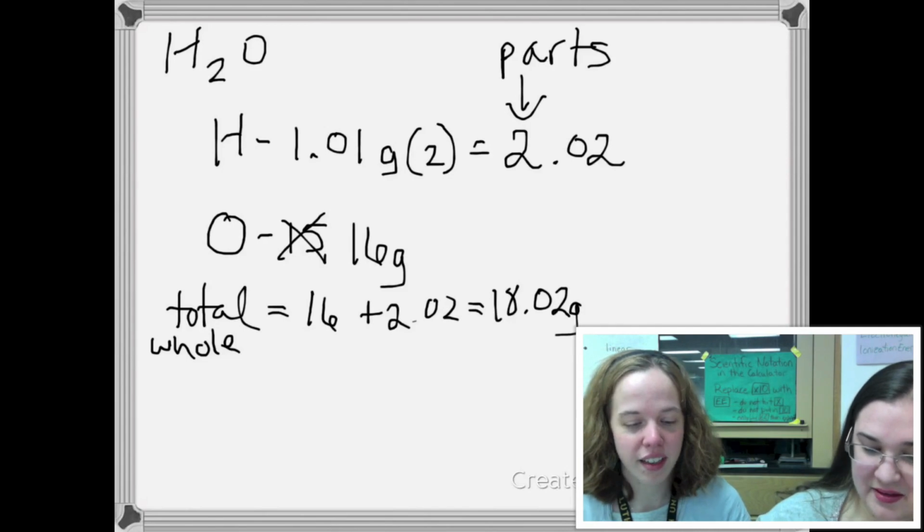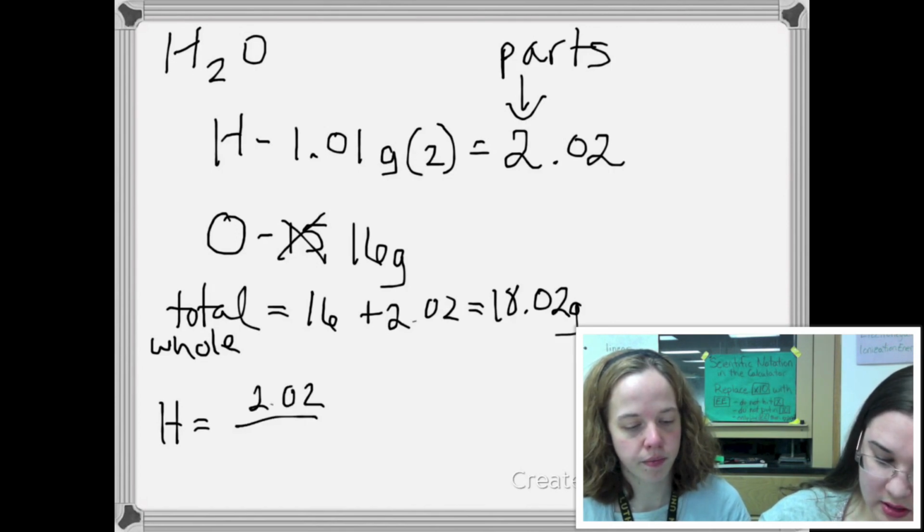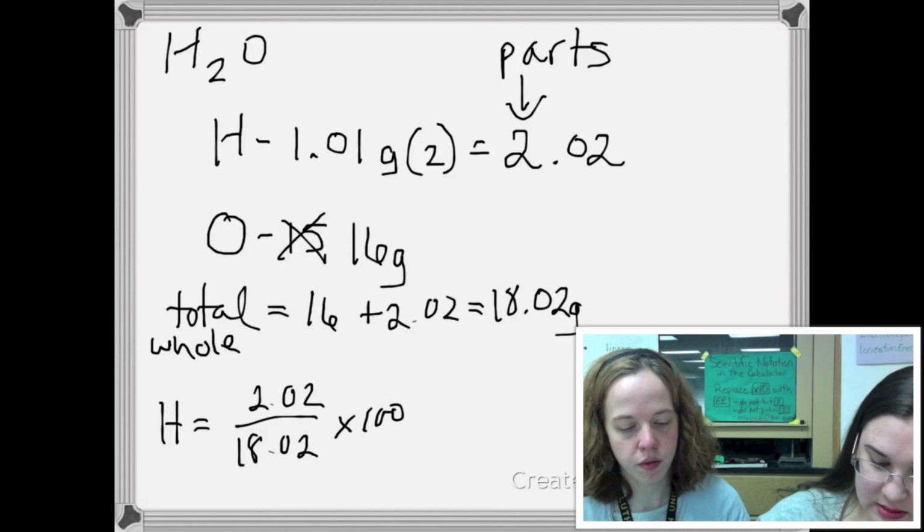All right, so we're going to do part over whole. If we're looking for our hydrogens, we're going to do 2.02 over our total of 18.02 times 100.